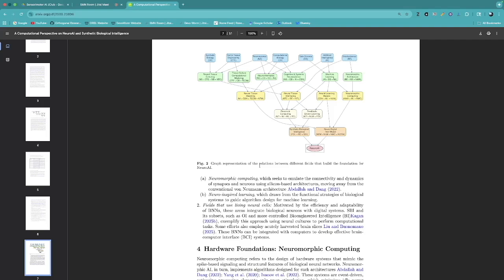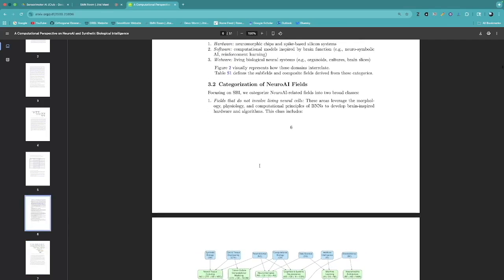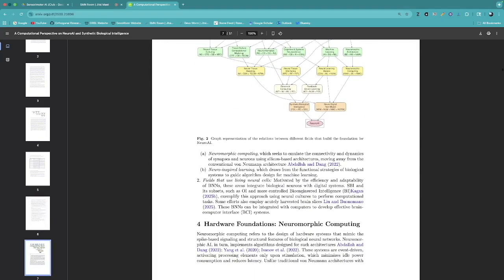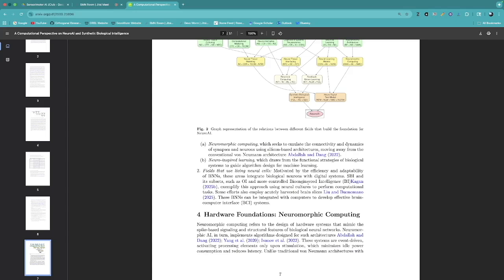So the second part of this categorization: there were fields that do not involve living neural cells, and then 2 are fields that involve living neural cells. This is where we want to leverage the efficiency and adaptability of brain neural networks and integrate biological neurons with digital systems.